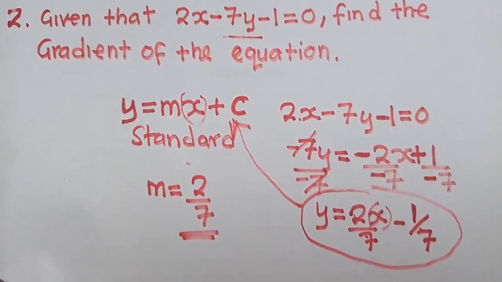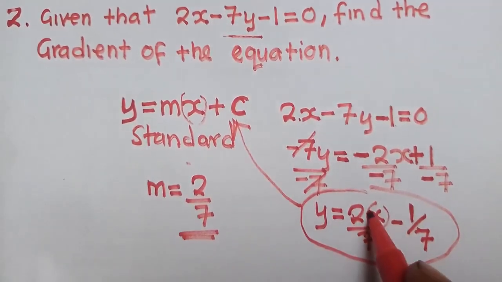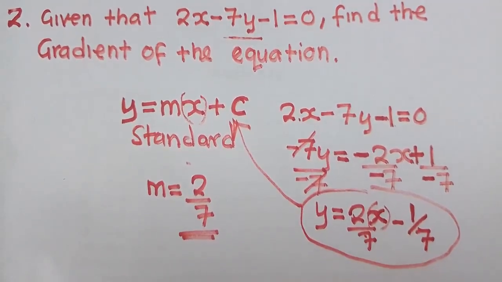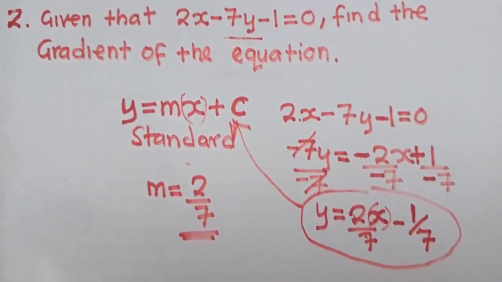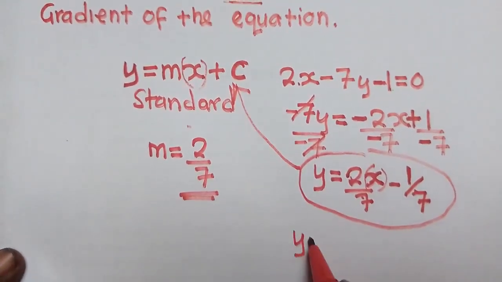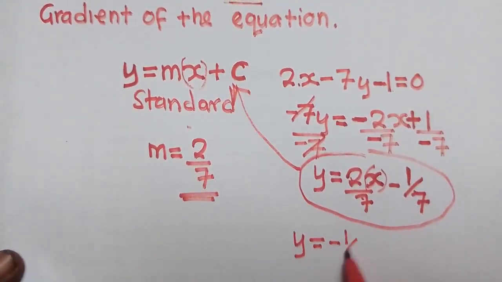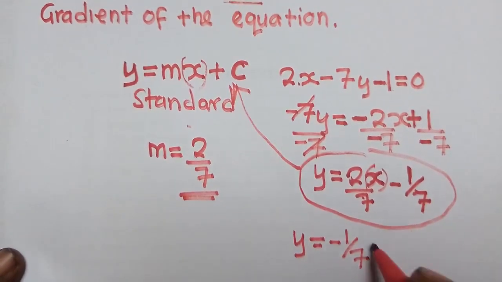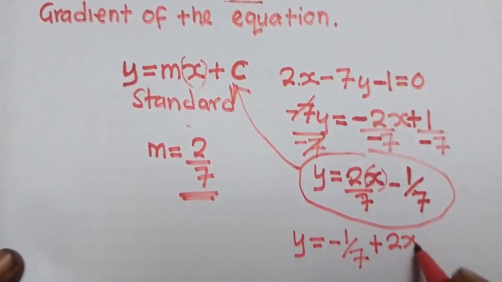You just need to make y the subject of the formula. Once you make y the subject, the number that is going to have x, just know that it is the gradient. You can't pick x here, no. Just pick the number. It can be like this: y is equal to negative 1 over 7 plus 2x over 7.